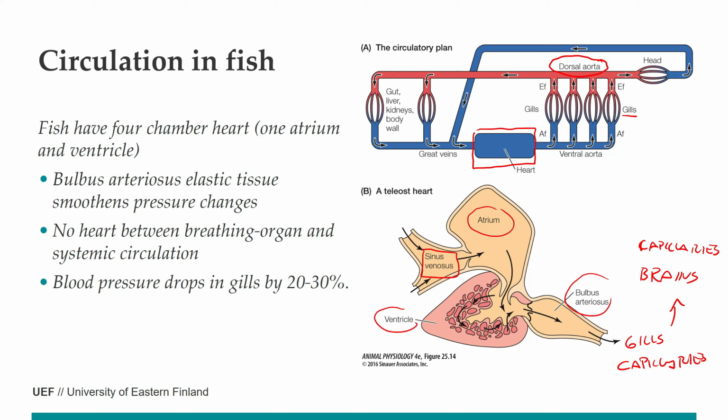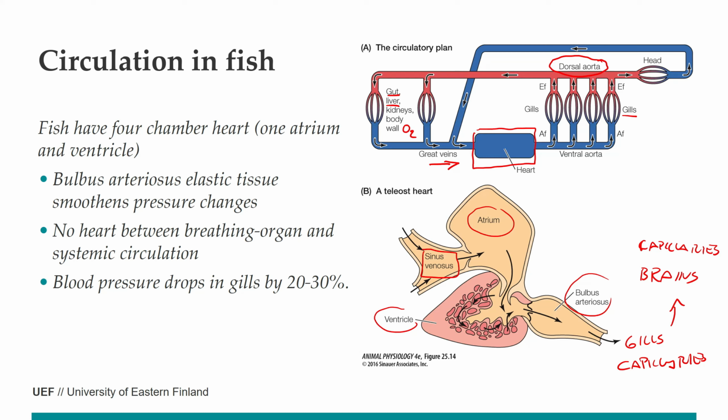And when it comes back, this blood is coming back to the heart, and in the heart it's now giving the oxygen. But for example, guts and liver and kidneys, etc., have already used as much oxygen as they need.